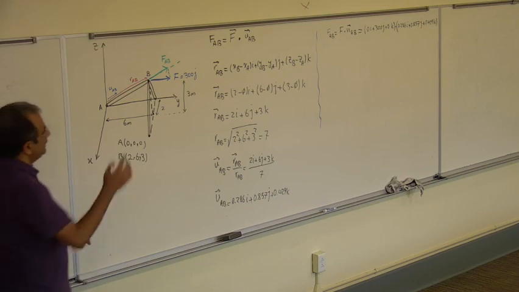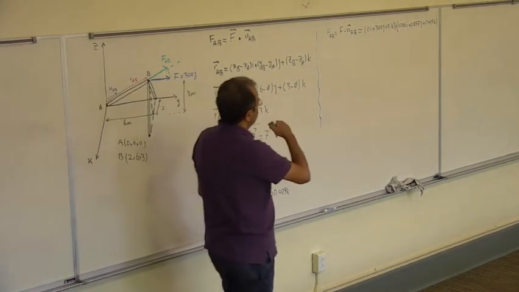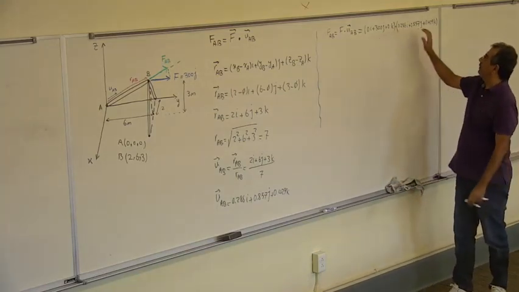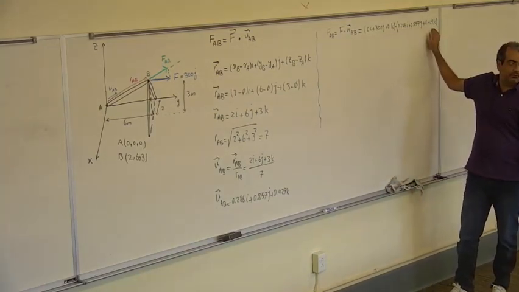So it's X component times X component, Y component times Y component, Z component times Z component.